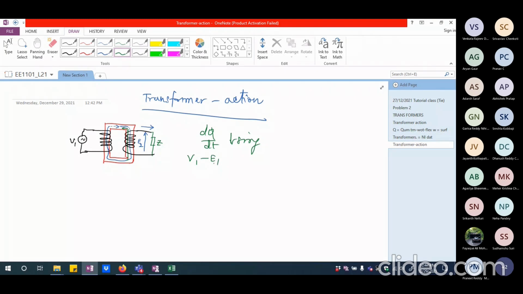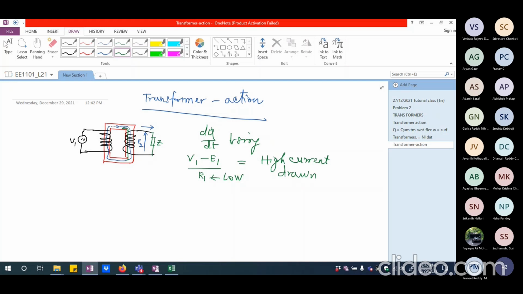Even if the difference is really small, V1 minus E1 divided by the impedance or resistance of the coil, and the resistance of the coil is going to be really low, we are going to have a high current drawn by the primary from the voltage source.